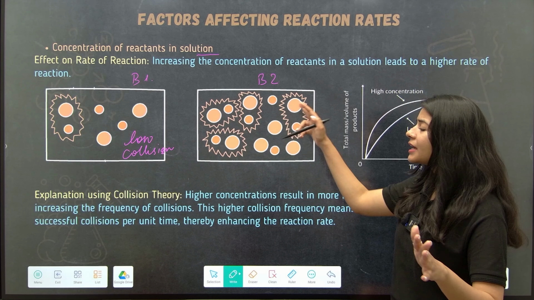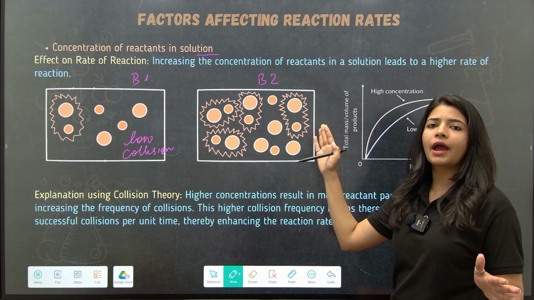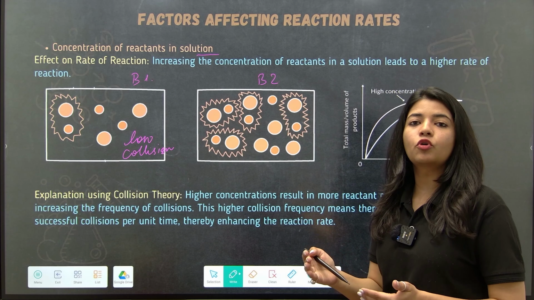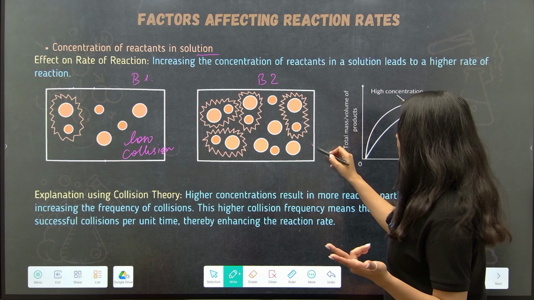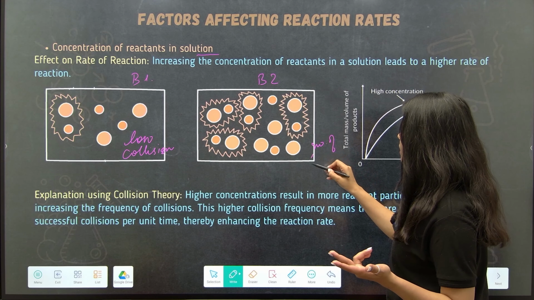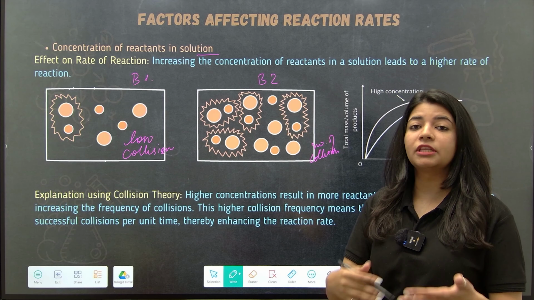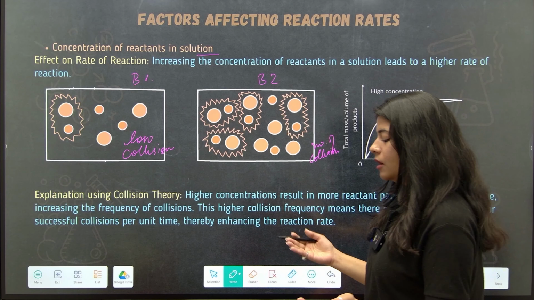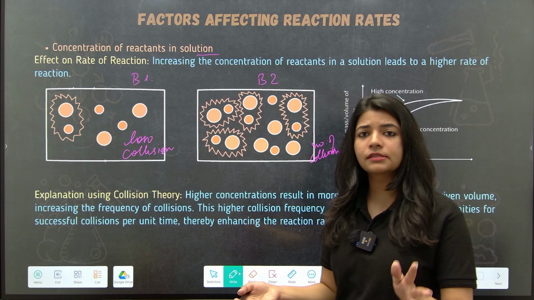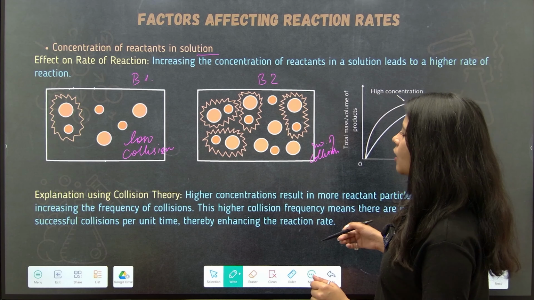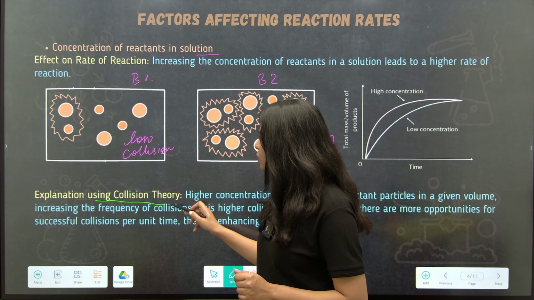But if we increase the number of particles in the reactant, the chances of them colliding will be higher. So the number of collisions will be higher over here. If the number of collisions is higher, it means more reactants will convert into product, and hence the rate of reaction will be greater. Now let's read this explanation using collision theory.